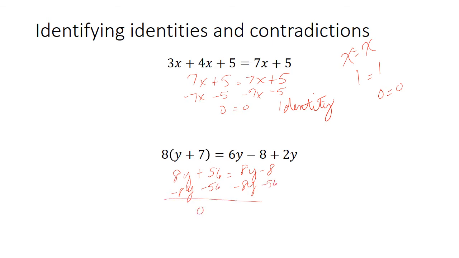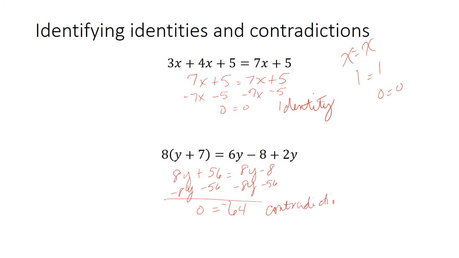So on this side, I end up with a 0, and on this side, I end up with negative 64. So is 0 equal to negative 64? It is not. So there is no way this is going to ever be possible, so we would call this a contradiction.